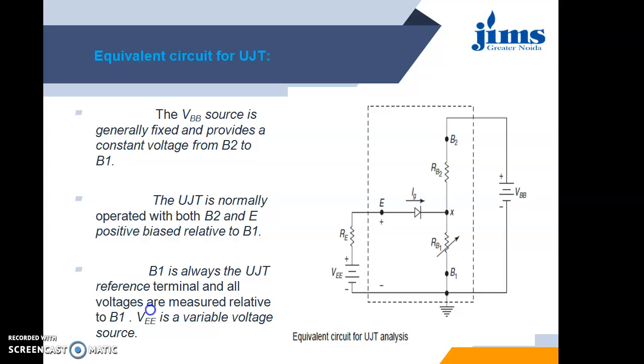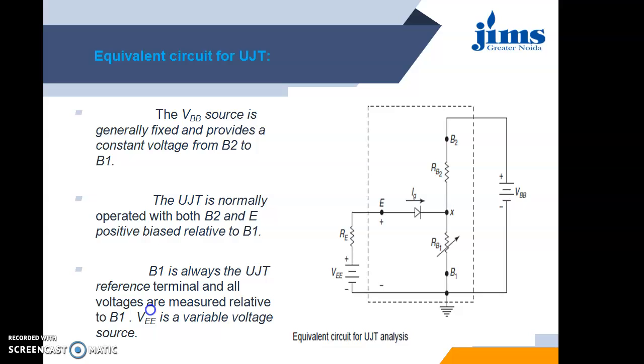The PN junction is connected to a terminal or node X, which divides the entire channel resistance into RB1 and RB2, where RB1 is a variable resistance with respect to RB2. To the channel terminals B1 and B2, forward bias is applied to B1 with respect to B2.